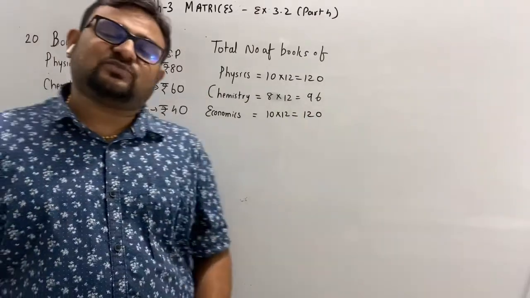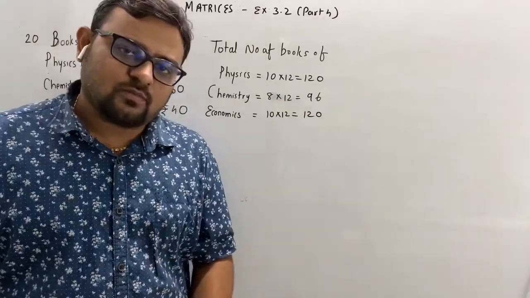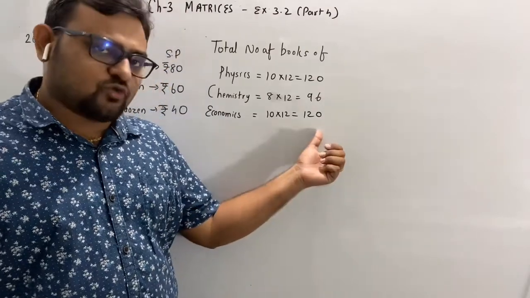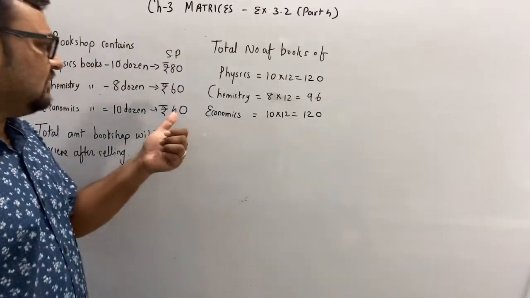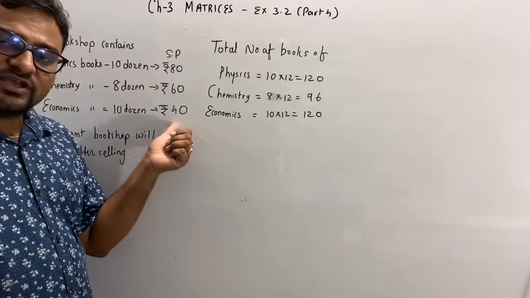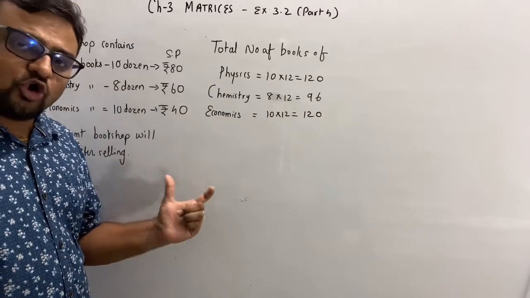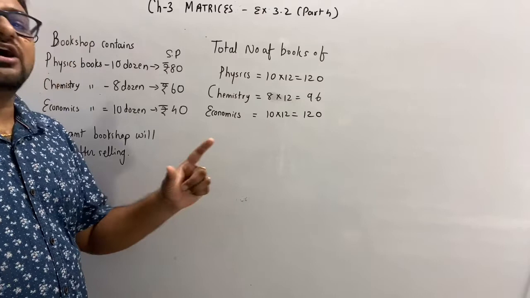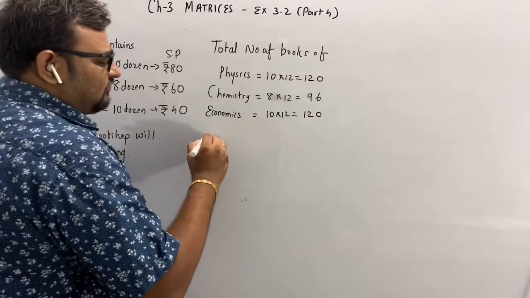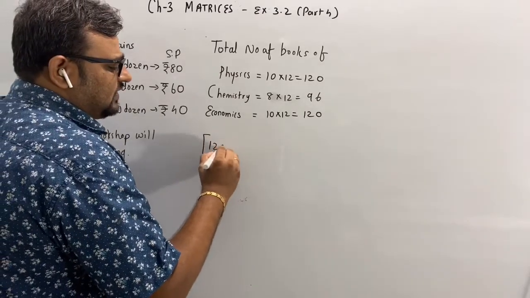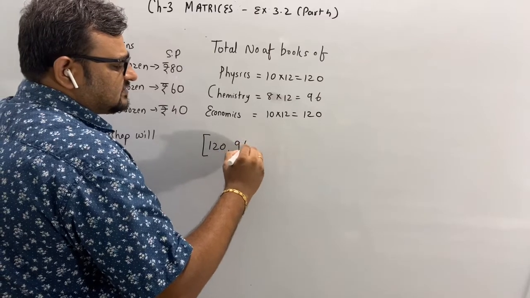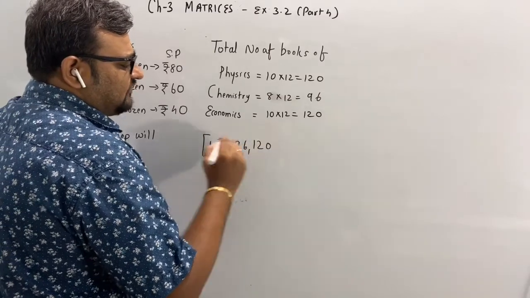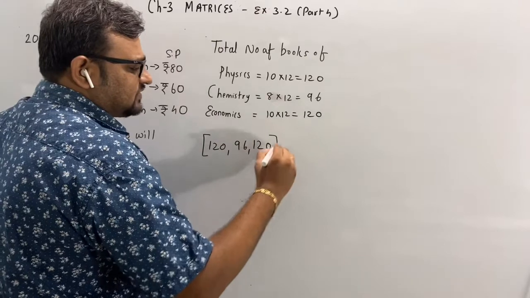So the first matrix we will form will be of number of books and second will be of selling price. So remember, one row matrix and another column matrix. So for physics it will be 120, 96, 120. Physics, chemistry, economics.